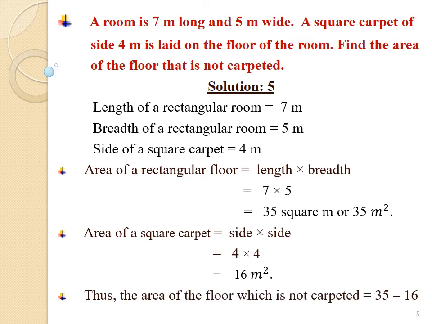Now subtracting 16 from 35 we get 19. Thus area of the floor which is not carpeted is 19 square meters.